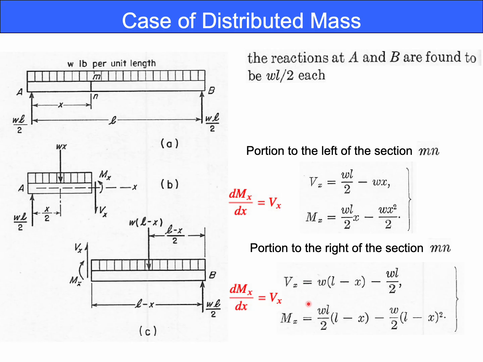This is Vx, and Mx equals, you have to multiply L minus X to this and to this. But in deriving this, please remember the sign of the shear force and the moment.